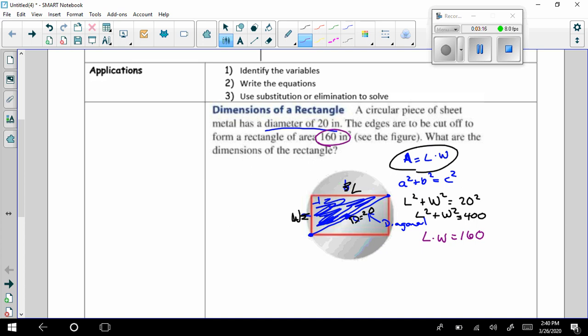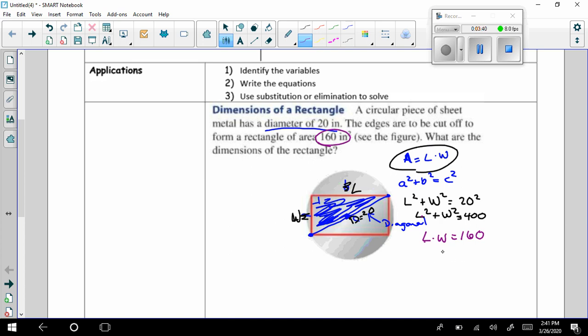It gets a little messy if we try to use elimination because we're not going to have any like terms. To use elimination, look to see if you have the same variables with the same exponents involved. We could get there here, but the L and W are still attached, so we'd still have to substitute in some way.